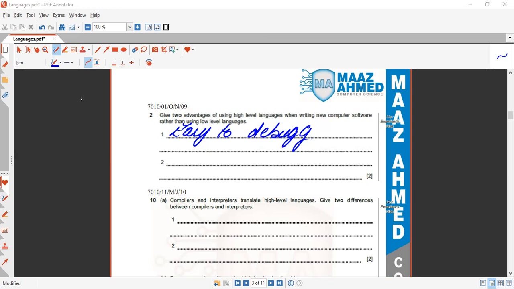Easier to understand. No, they are telling about the two advantages of high level when writing up the program. Easy for beginners. Okay. Easy for beginners.